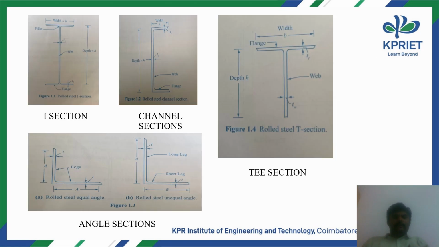So these are the examples for the types of steel. The first one is I section, another name of I section is beam section, then the channel section, and the third one is the T section. In the angle section we have two types: this one is equal angle, another one is unequal angle.